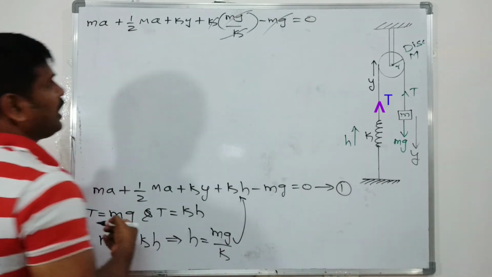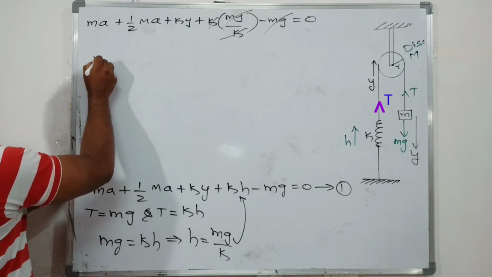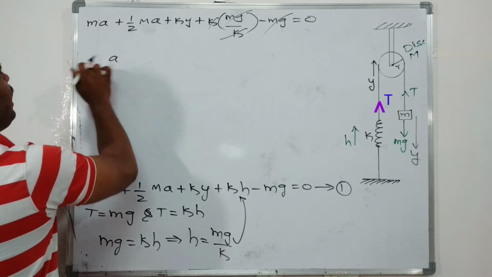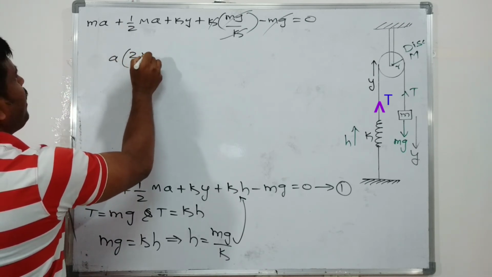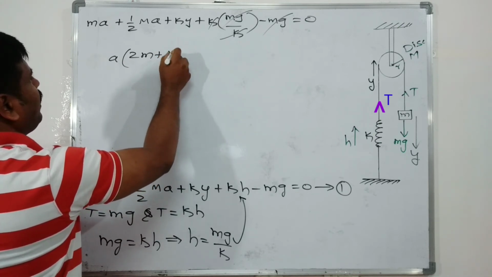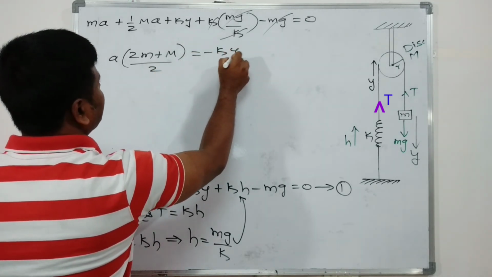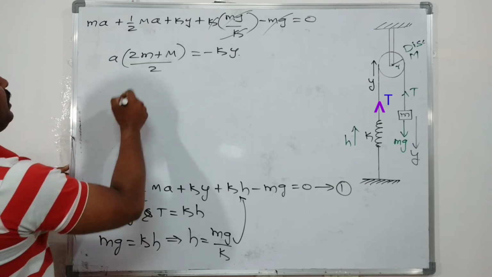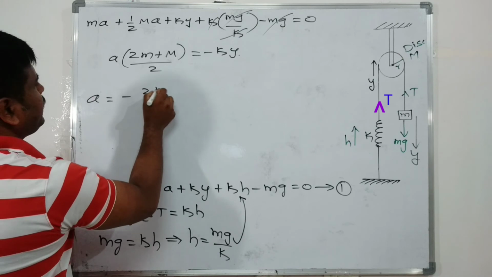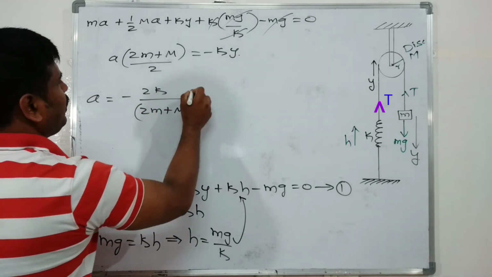Minus mg plus mg also gets cancelled, and continuing, m a plus M a by 2, so we can take a common: a of (2m plus capital M) divided by 2 is equal to minus k y. So the acceleration a is equal to minus 2k divided by (2m plus capital M) into y.